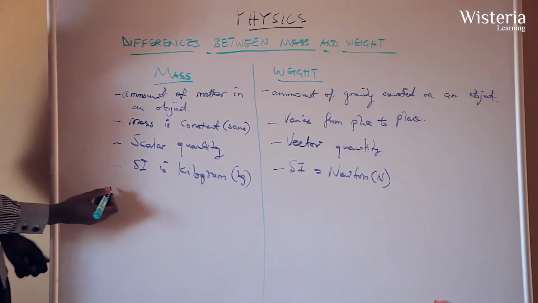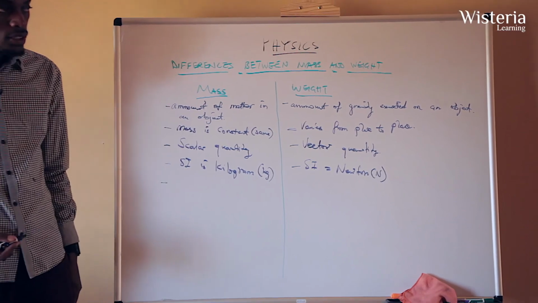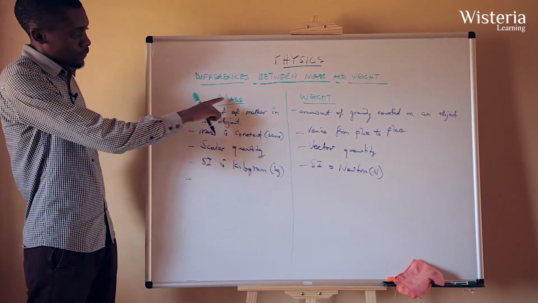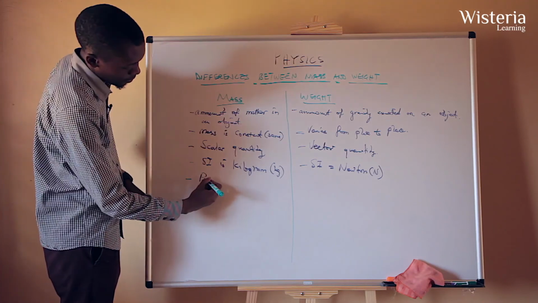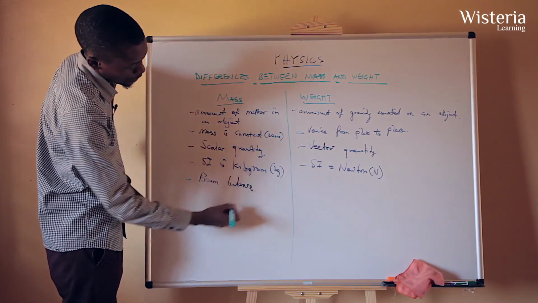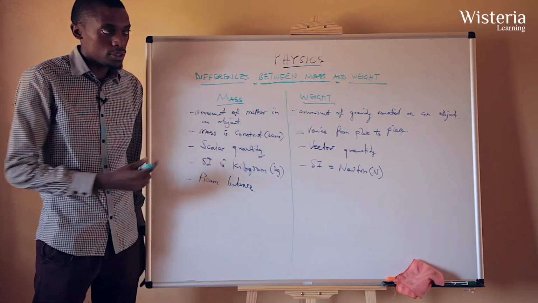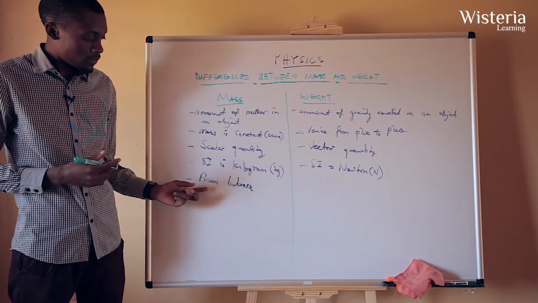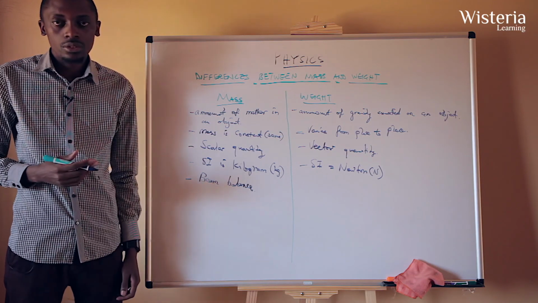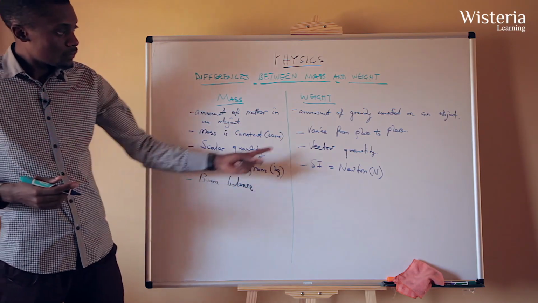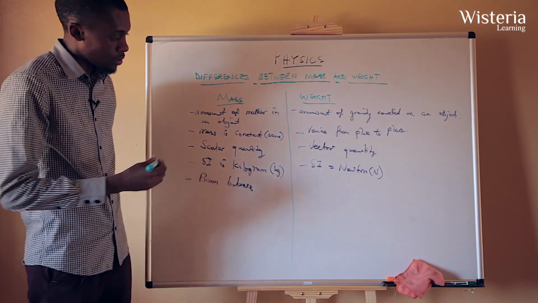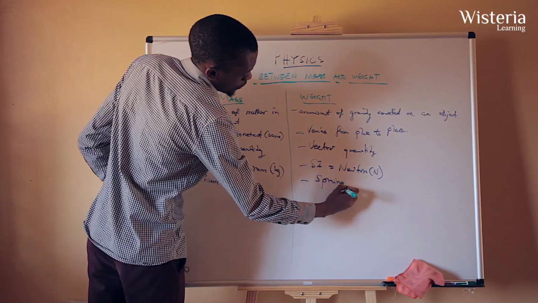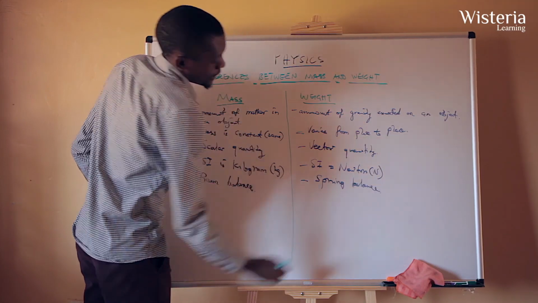And the last one we can talk about is the instruments that measure these two physical quantities. For mass, we use a beam balance. A beam balance measures the mass of an object, though currently, because of technology, we have it in the form of an electronic balance. And then for weight, we use an instrument known as a spring balance.